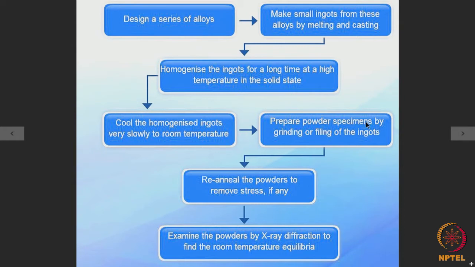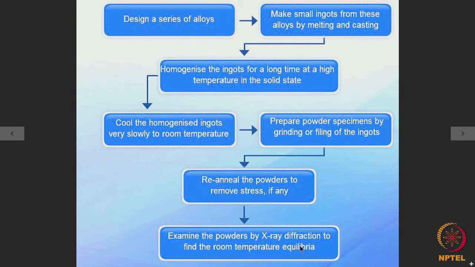Prepare powder specimens by grinding or filing of the homogenized ingots. We re-anneal the powders in order to remove stress, if any. Finally, we examine the powders by X-ray diffraction to find the room temperature equilibrium.